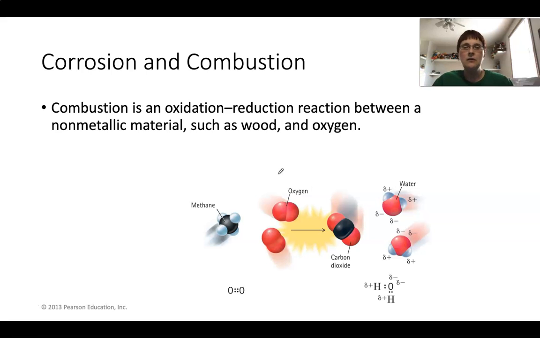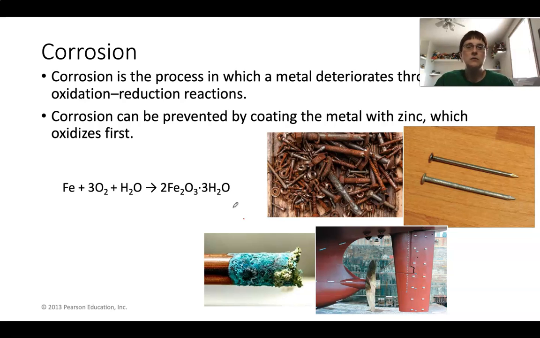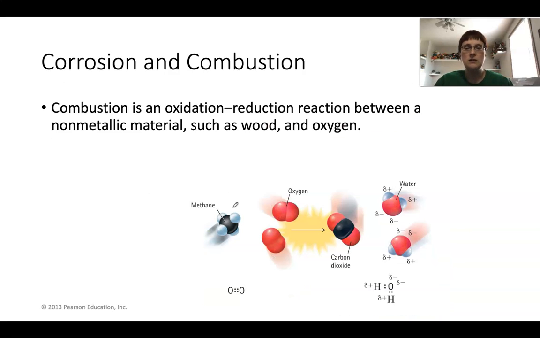But here, what we're doing is applying heat, and it is a reaction between a non-metallic material and oxygen. So corrosion is going to happen between a metal and generally oxygen or another material to create that new material. Combustion is an oxidation reaction between a non-metallic material and oxygen to create new materials.